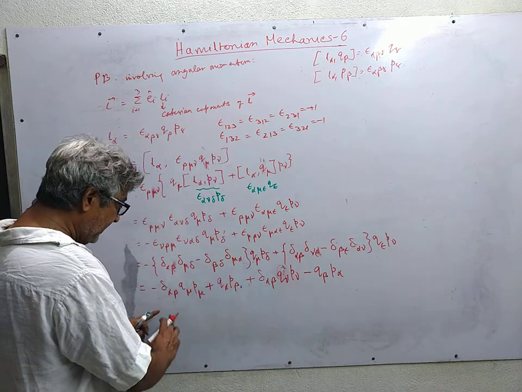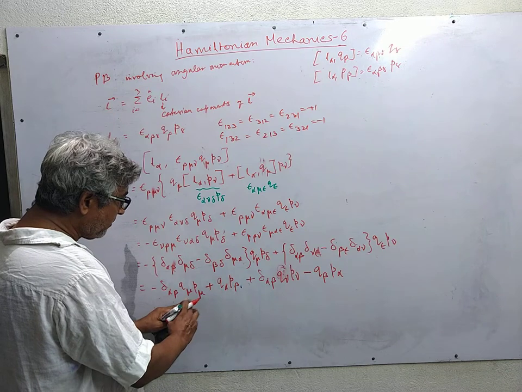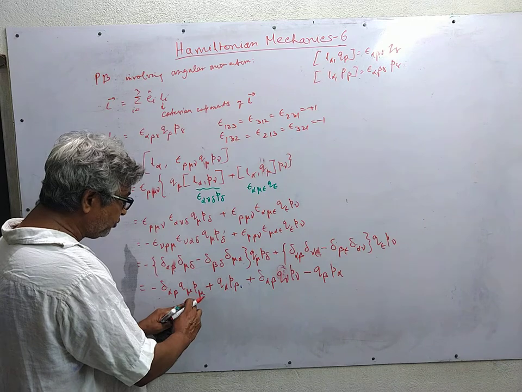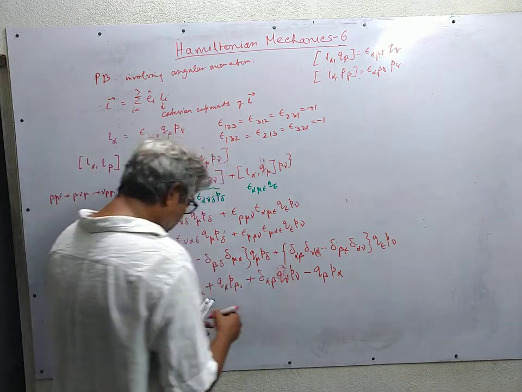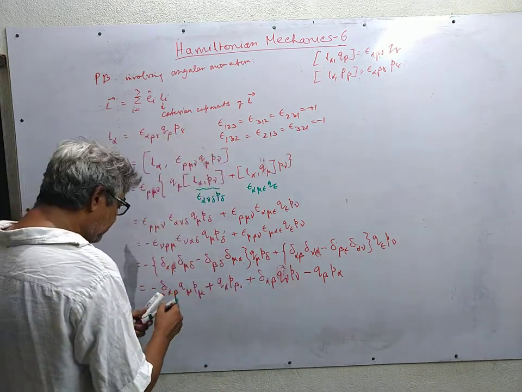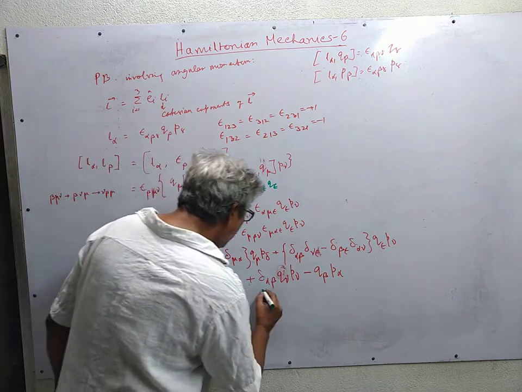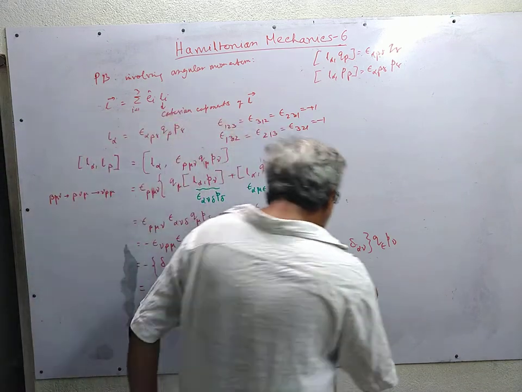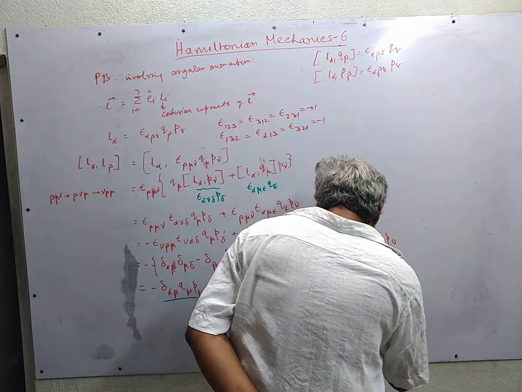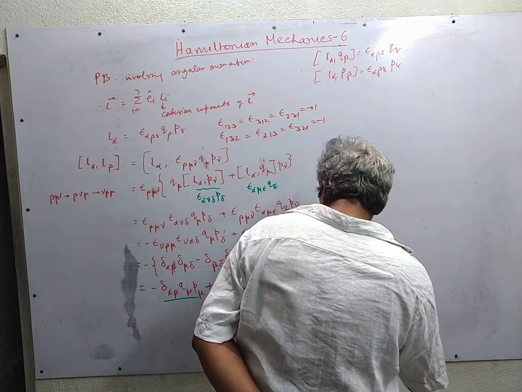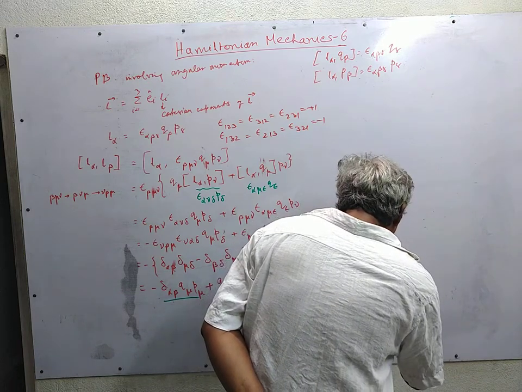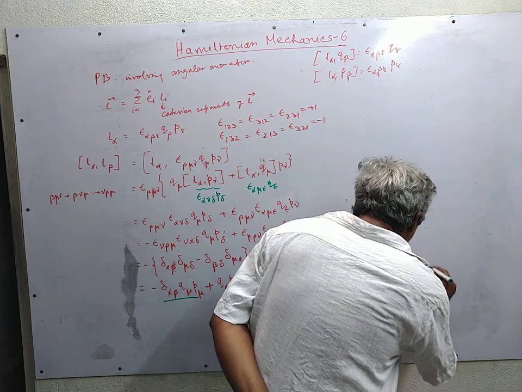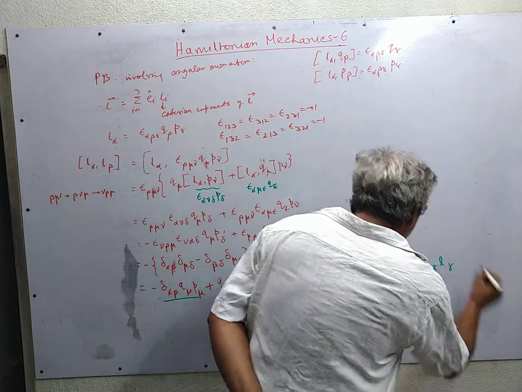Even if they arise, this is the sum over q mu p mu, that is q1 p1 plus q2 p2 plus q3 p3. So these two terms cancel out. So the result is q alpha p beta minus q beta p alpha, which is epsilon alpha beta gamma L gamma.